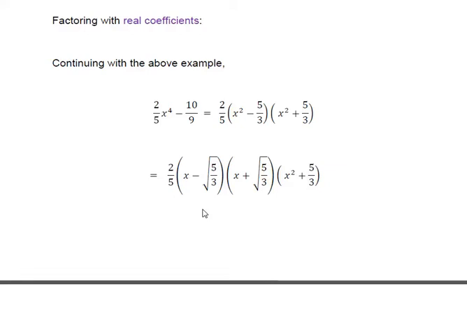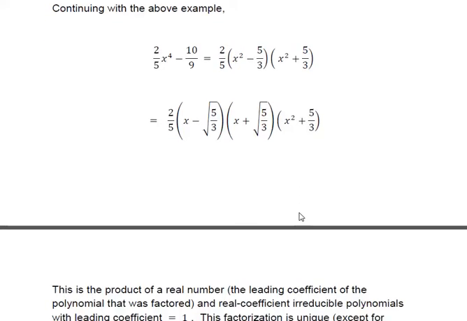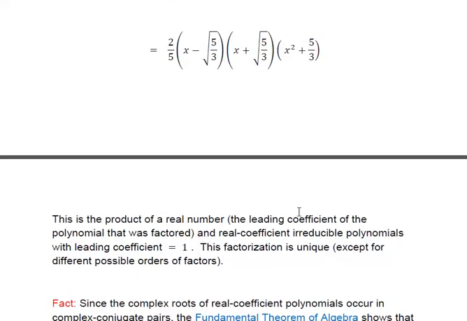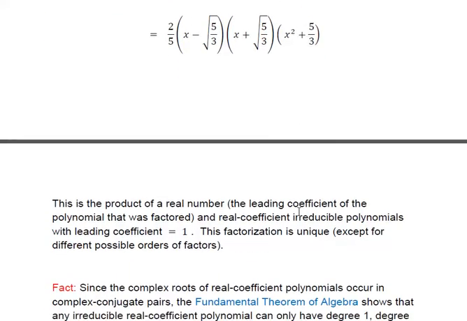So we have a new factorization where we have the leading coefficient of the original polynomial times irreducible real coefficient polynomials with leading coefficient 1, and they are of degree 1 or degree 2. Now this factorization is unique except for different possible orders of factors.